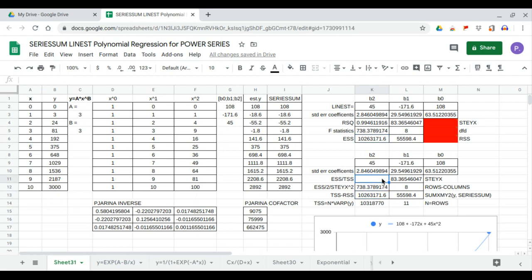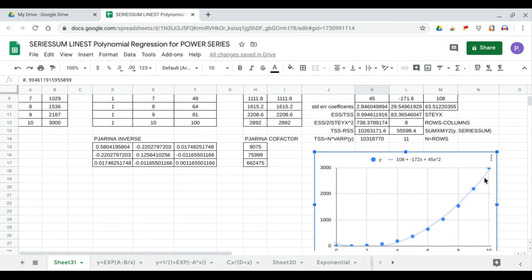Next, we calculate the R square, which is equal to ESS divided by total sum of squares, that's regression sum of squares divided by total sum of squares. And it's 0.9946, which matches our LINEST output.